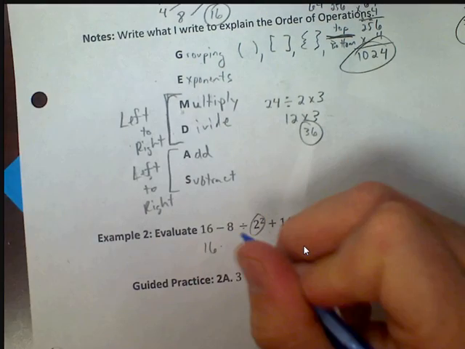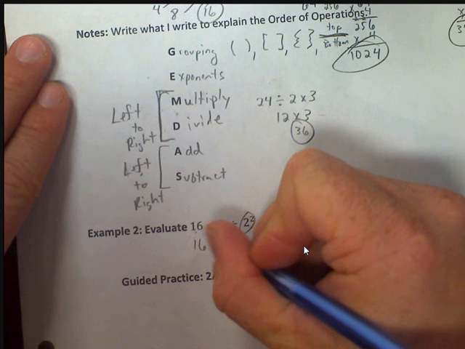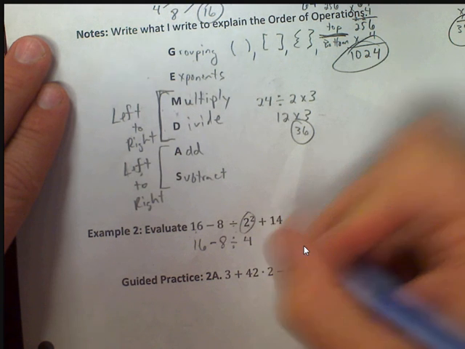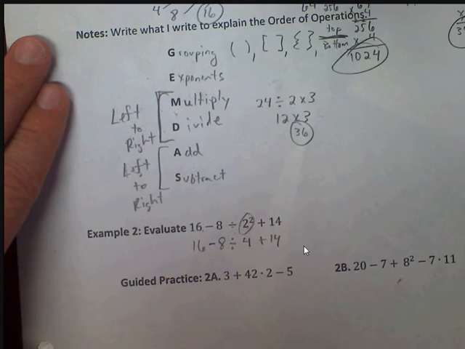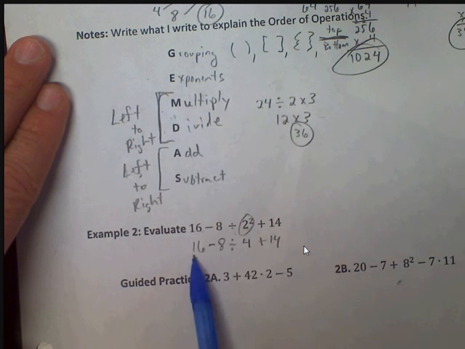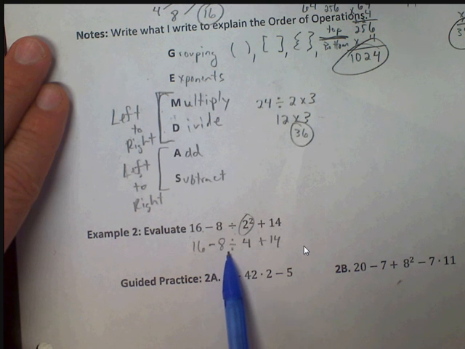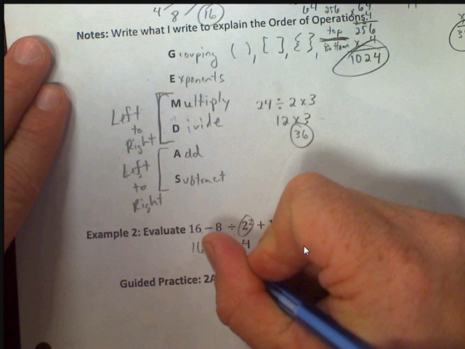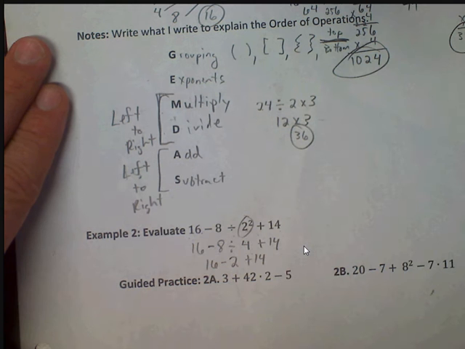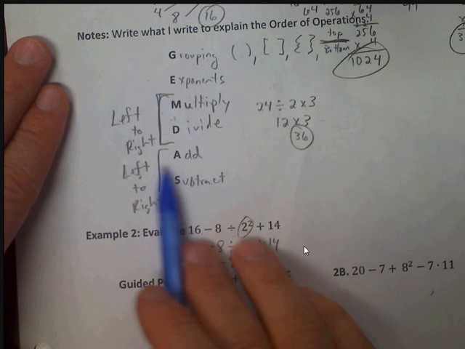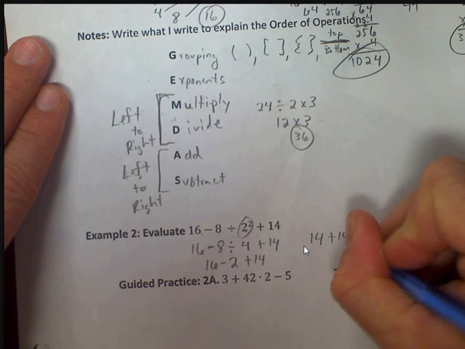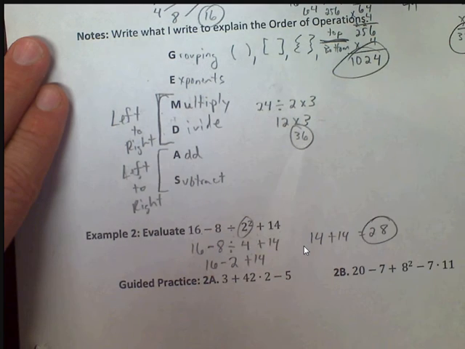Bring everything else down except for what you do. 16 minus 8 divide by 2 squared, which is 2 times 2, 4, plus 14. I'm done with exponents. Now I look to multiply and divide, left to right. So 16 minus 8 divide by 4, 2. So 16 minus 2 plus 14. Add, subtract, left to right. 16 minus 2, 14, plus 14, 28.